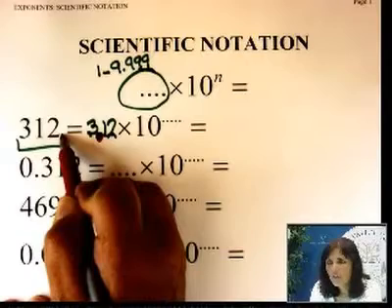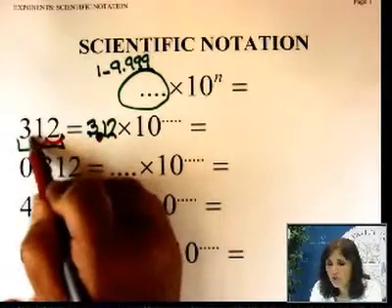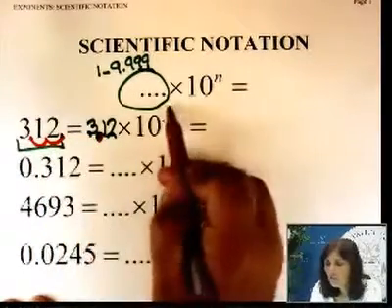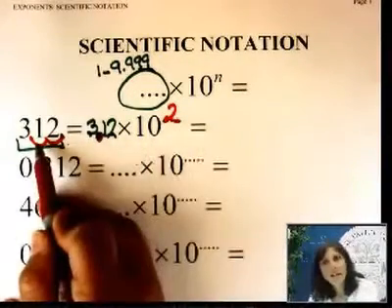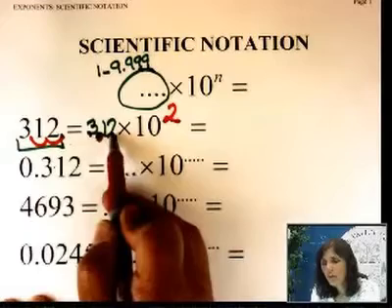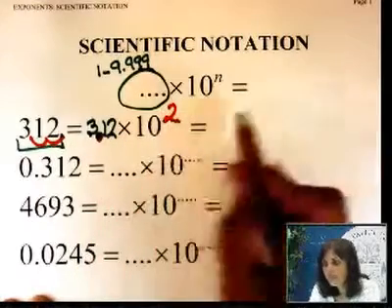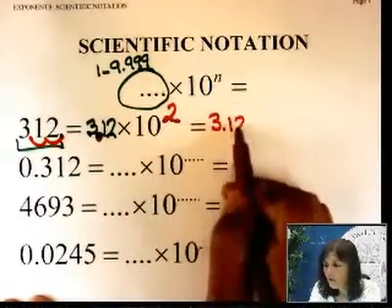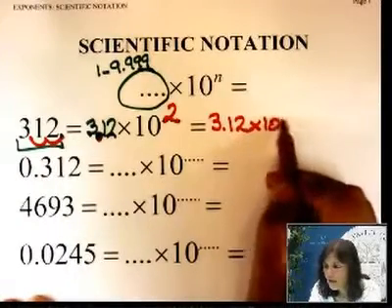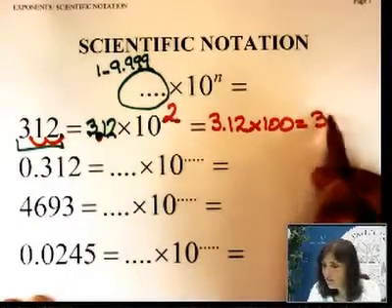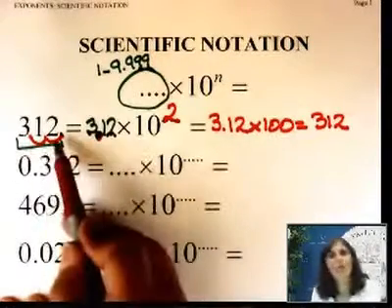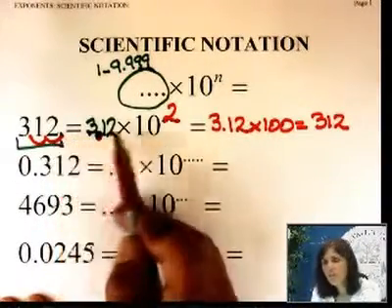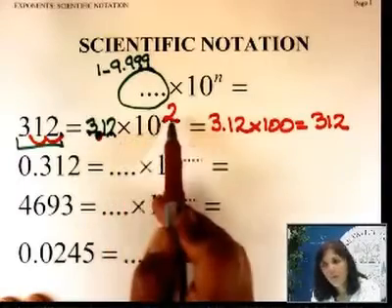I moved it to the left. How many steps? 1, 2. So if I put 2 in here, this number is going to be the same as that, because 3.12 times 10 to the 2 means 3.12 times 100, and that will give me 312. So I did this right. So 312 in scientific notation is 3.12 times 10 to the 2.